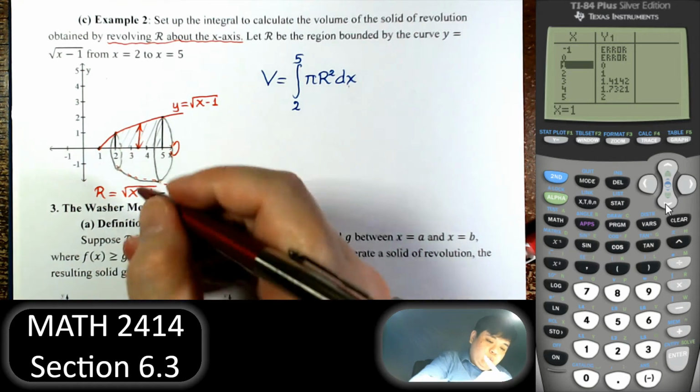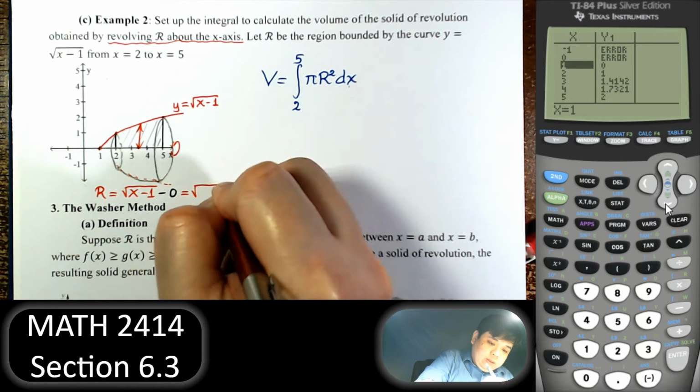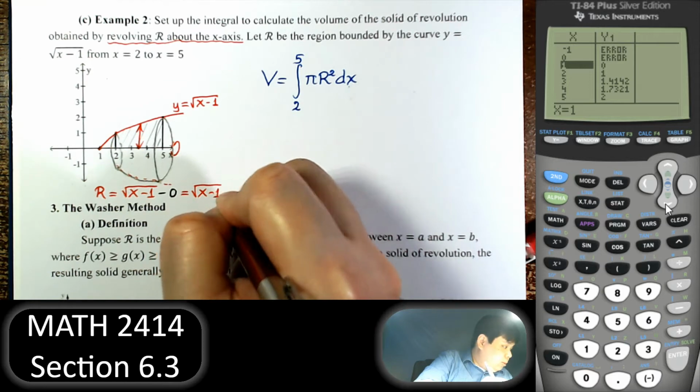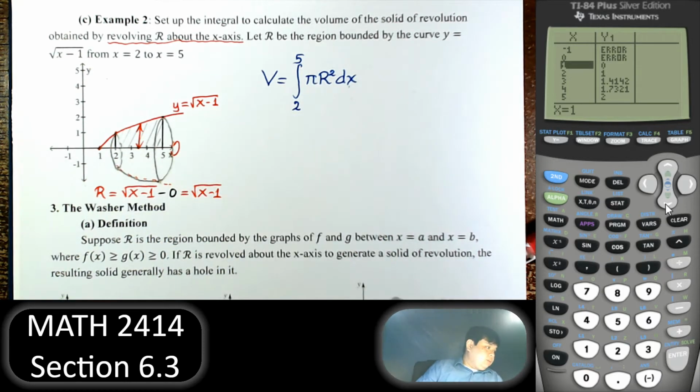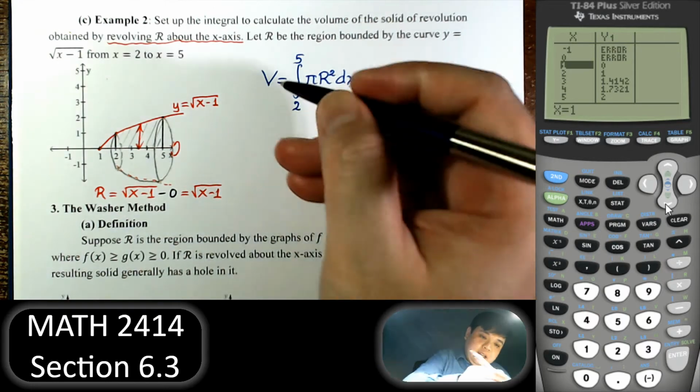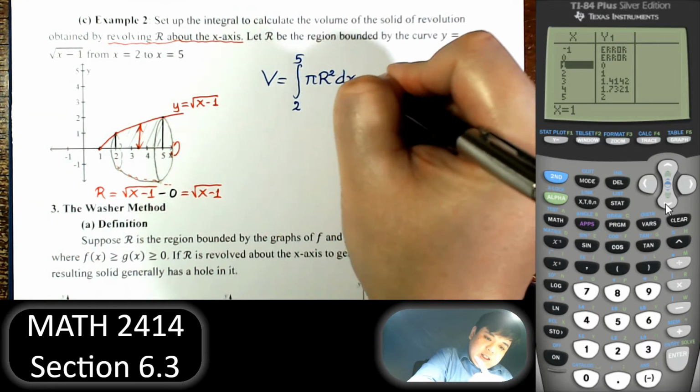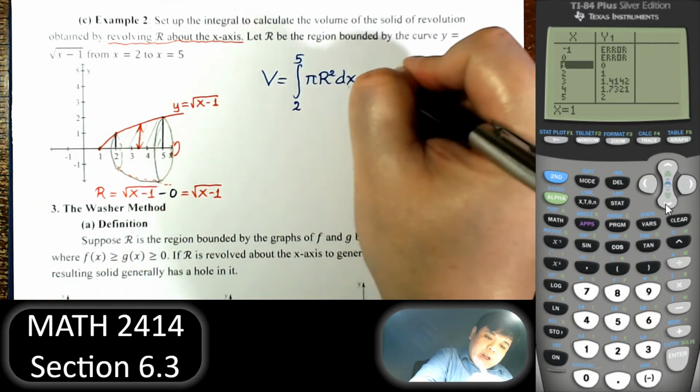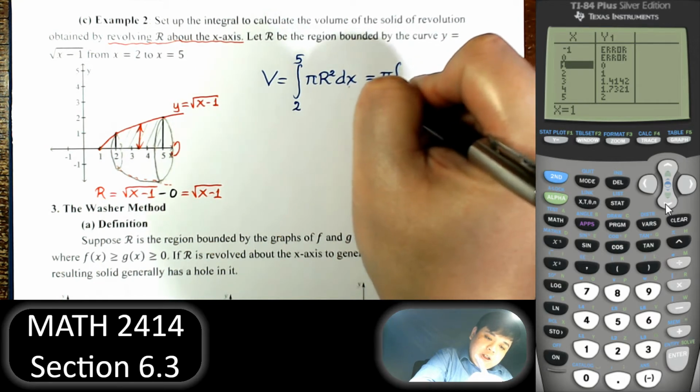So just square root of x minus 1. So we're going to put that in here. I will keep the pi outside.